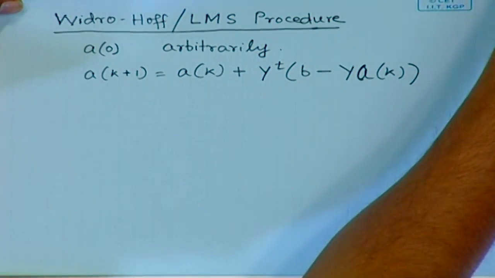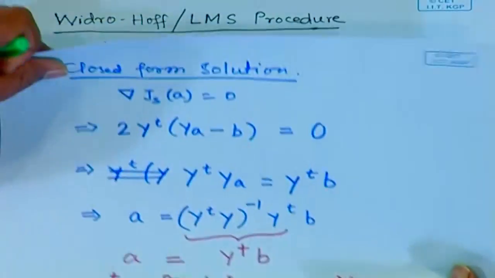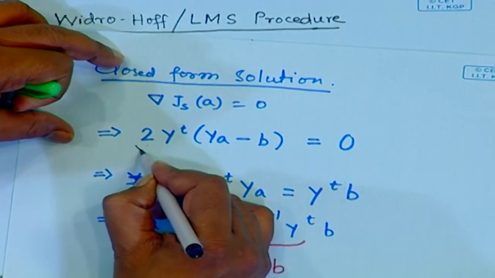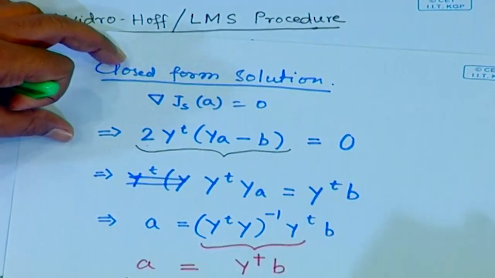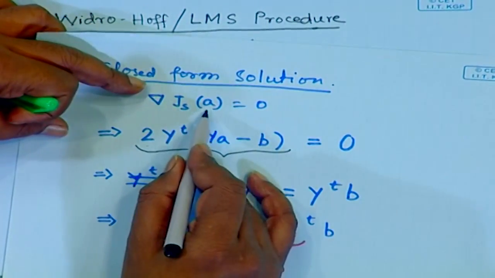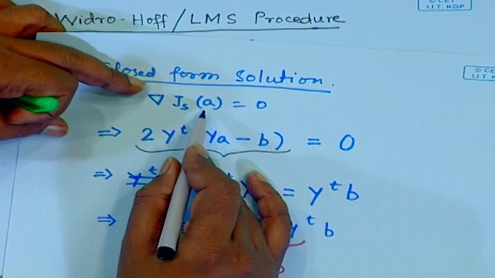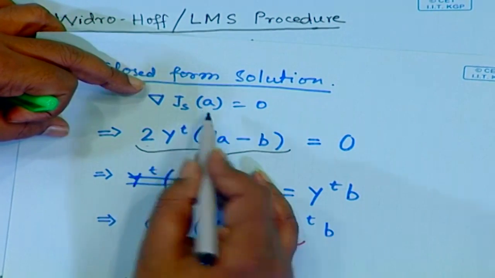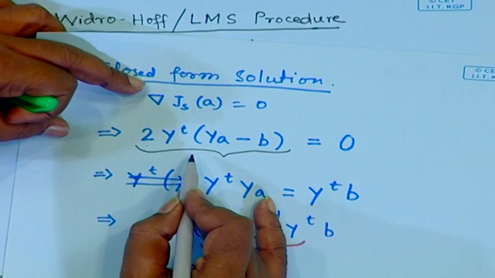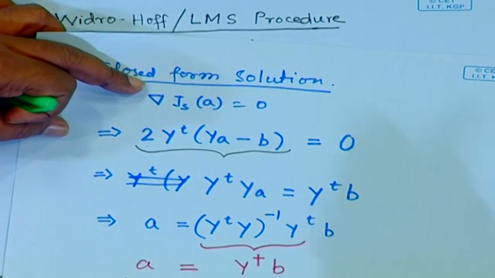So, as I said, you find that this is the gradient of our mean square error criterion. So, if I follow the gradient descent procedure to obtain the k plus first weight vector a k plus 1, it is a k minus eta times this gradient.